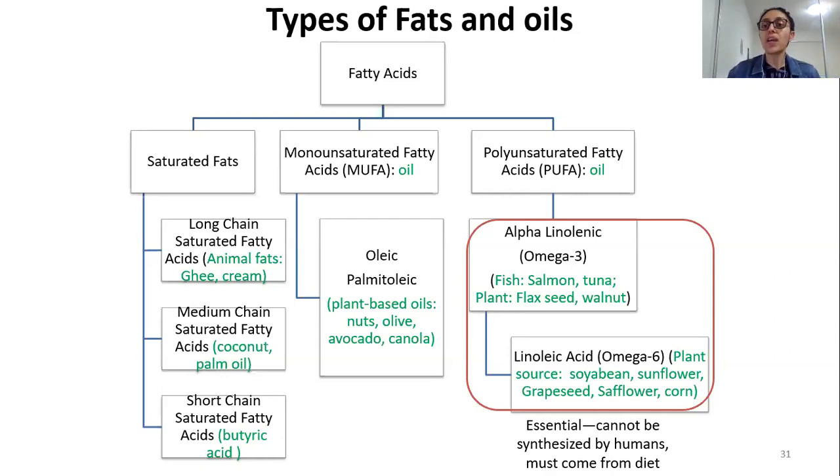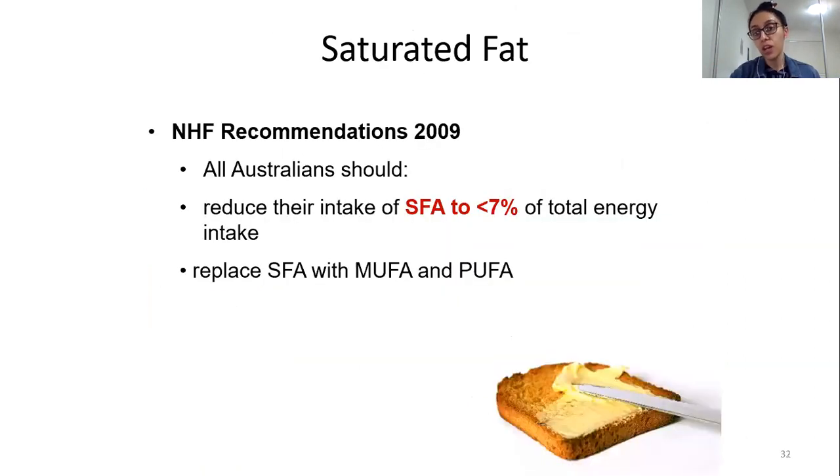Large proportions of omega-6 are easily consumed in the diet, whereas the challenge is to meet an adequate amount of omega-3. But we'll be talking about both of these essential fats more in the mental health lecture.